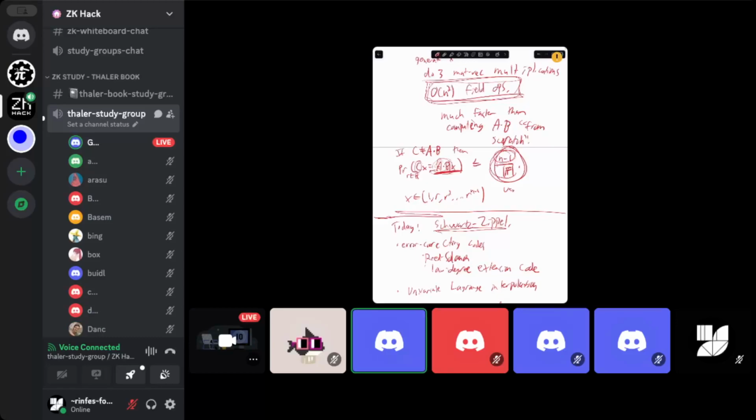So there's a variation where the failure probability, that is the probability that C does not equal A times B, yet the fingerprints match, is at most 1 over field size instead of n minus 1 over field size. And again, the difference is just whether you treat each row of C as a univariate versus an n-variate polynomial.